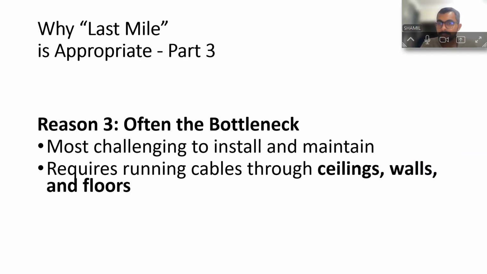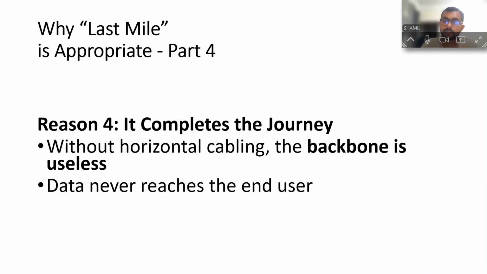The third reason is, it is often the bottleneck. The most challenging part to install is the horizontal cabling, and maintenance is also difficult since you have to run the cable through walls, ceilings, and floors. So it is very difficult to install and maintain horizontal cabling, and it often becomes a bottleneck. And the last one is, it completes the journey.